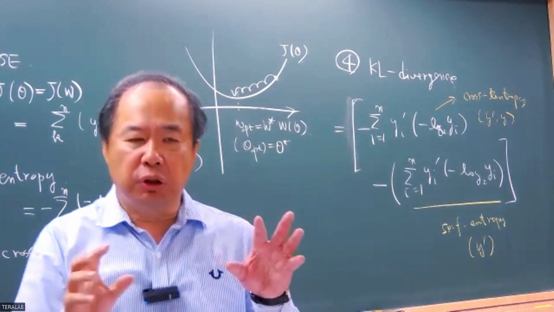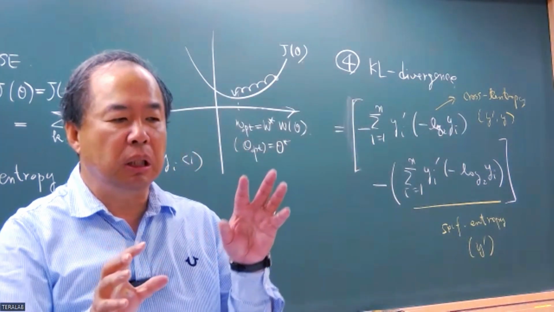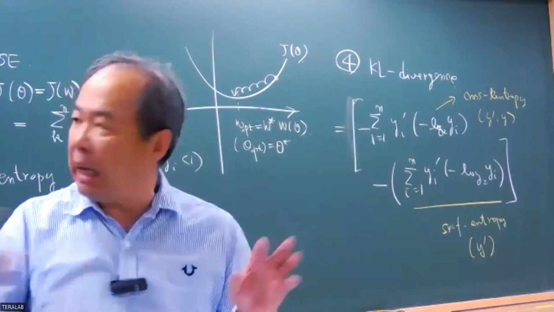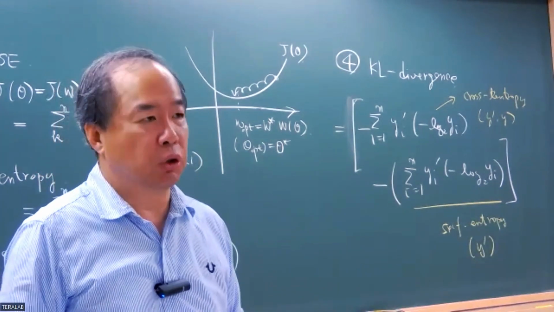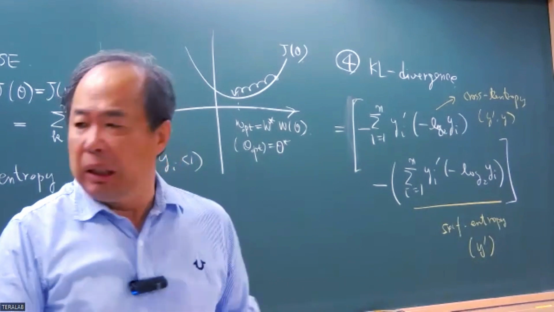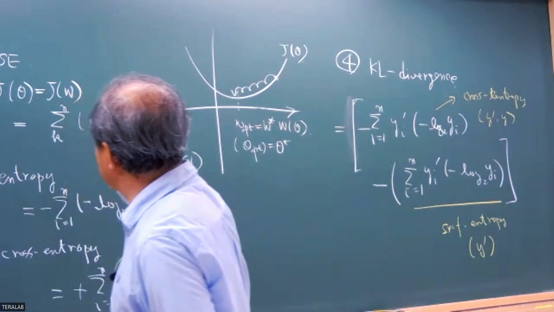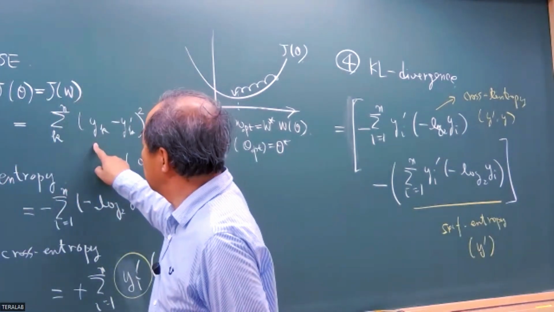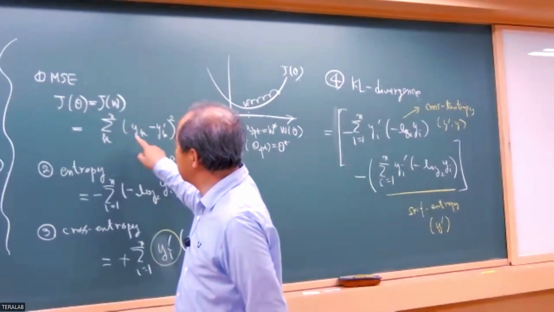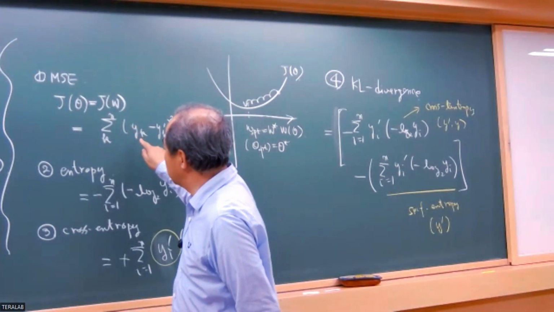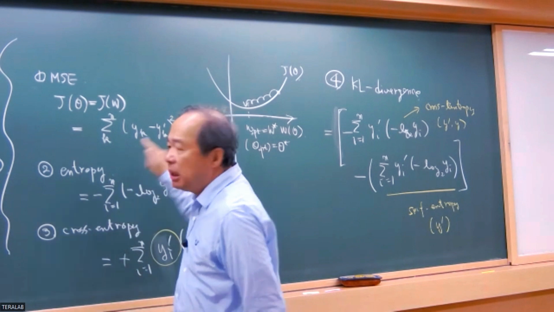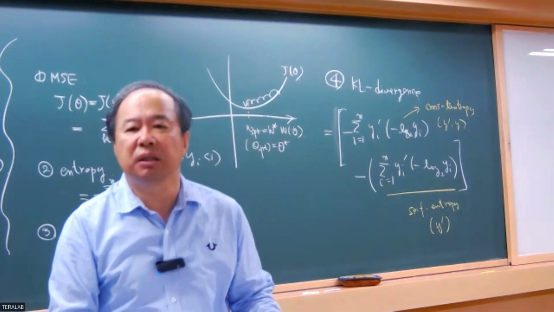KL divergence actually means the difference between the real entropy and our output entropy. In the mean square error function, we directly use the difference between the value of your generative AI output and the target, just the numerical difference.